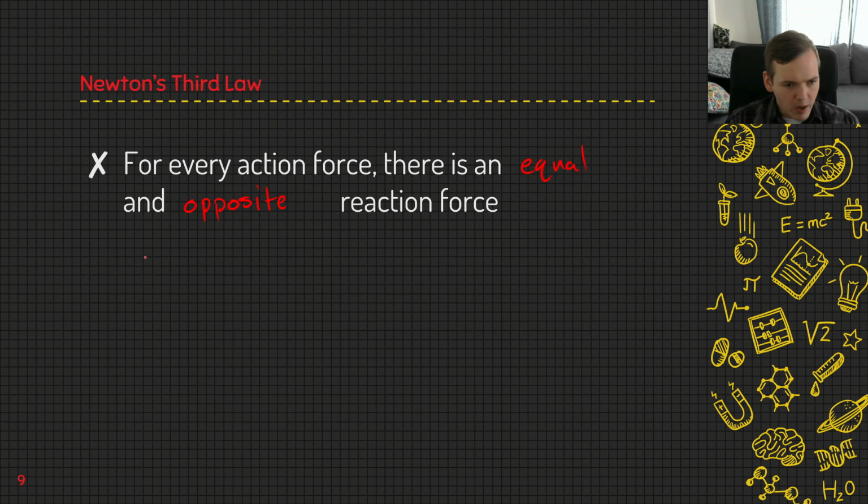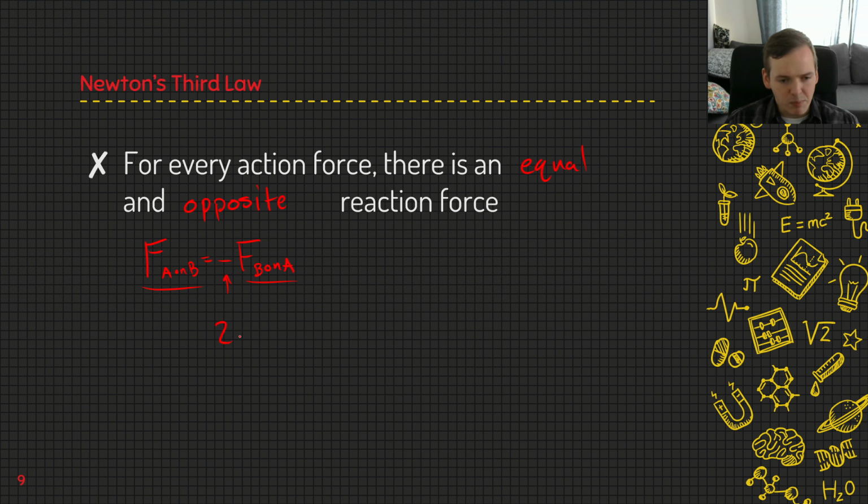And we write this out mathematically as F of A on B is equal to negative F of B on A. So in other words, if object A pushes on object B, object B pushes back on object A in the opposite direction, but otherwise they have the same magnitude, right?